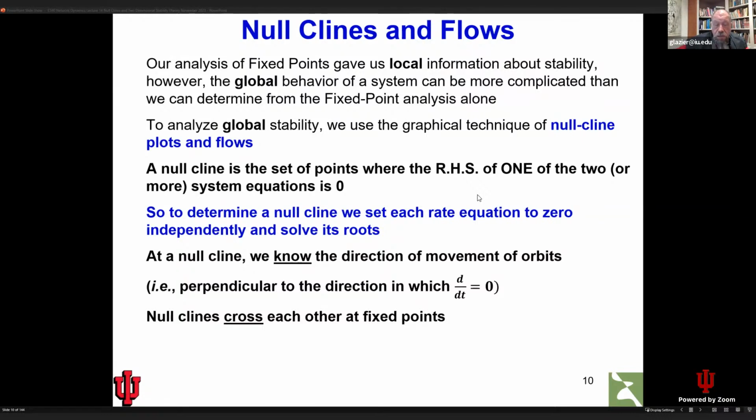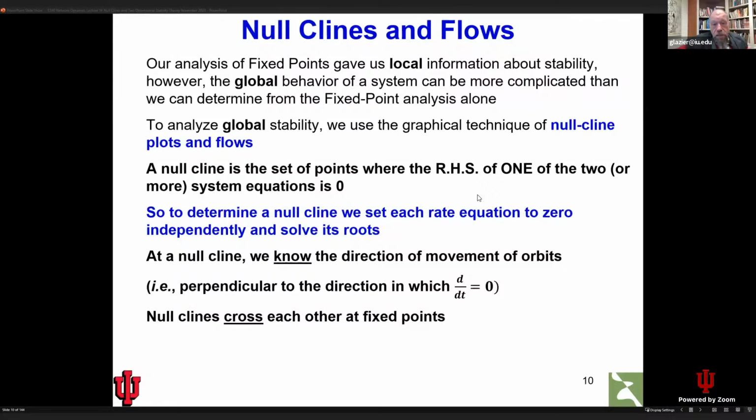Fixed points tell us something about the local behavior. If we start at a fixed point and it's stable, we move a little bit away, we come back. If it's unstable, we move a little bit away, we move further away. But it doesn't tell us what happens in the long term.